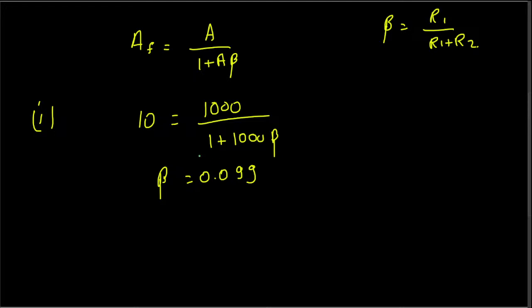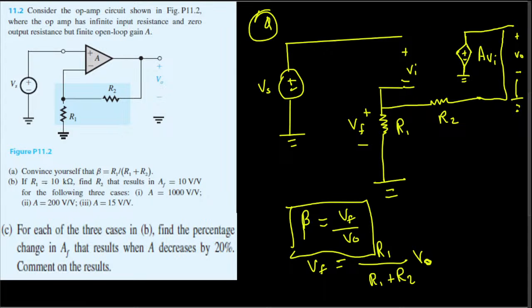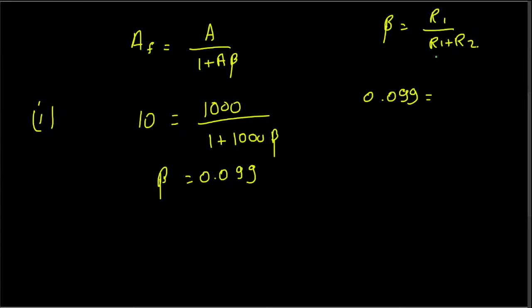And then after you calculate the beta, you have to plug it into this equation. Now we know the beta, that is 0.099, and they have given the R1 resistance, that is 10 kilo ohm. Then they are asking for R2. So we have only one unknown variable, so it's easy to solve.